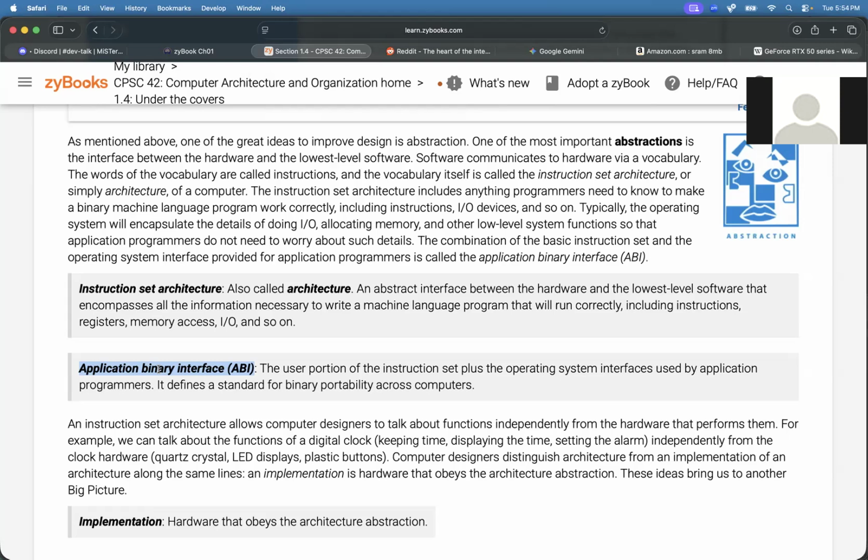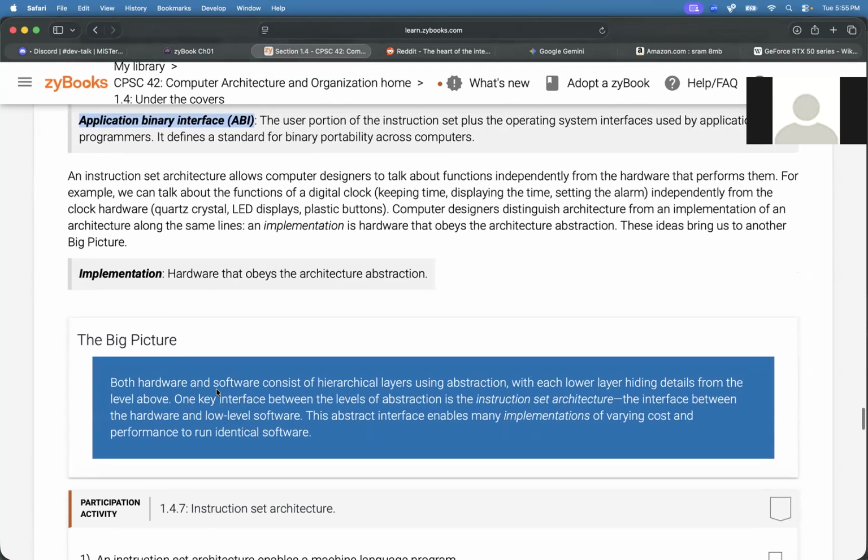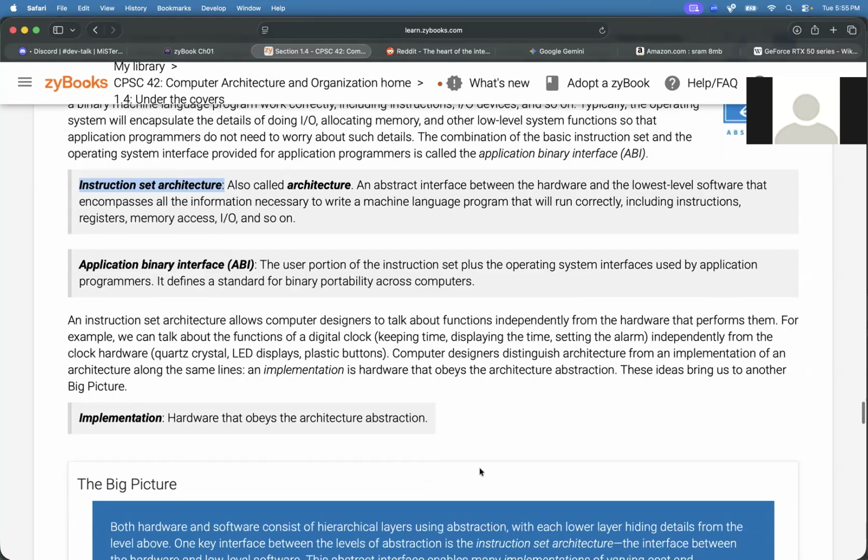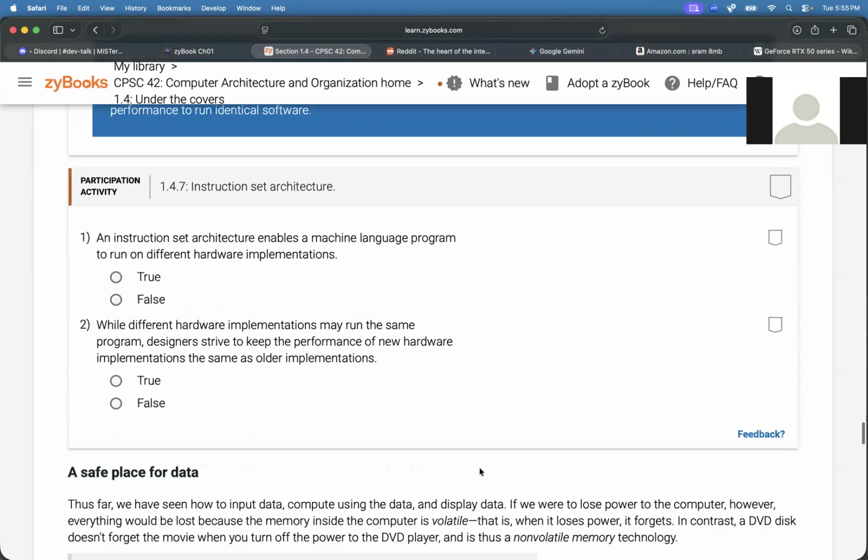That's why you can't run a Microsoft Windows app on a Mac or vice versa. Even if they had the same CPU, which they don't now, but they used to, you couldn't run a Windows program on a Mac or a Mac program on Windows generally because they have a different application binary interface. So that's an operating system thing, whereas the instruction set architecture is built in, like the definition of the CPU, what instructions the CPU has and how they're defined.